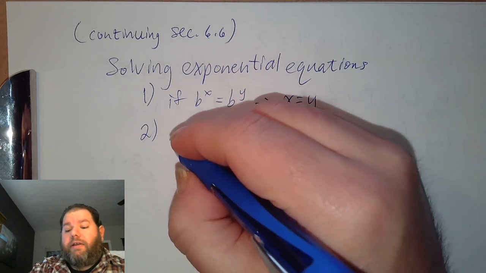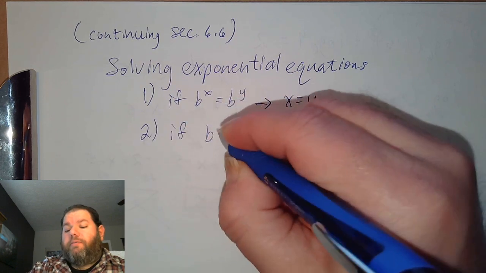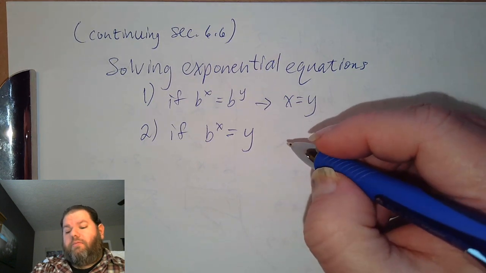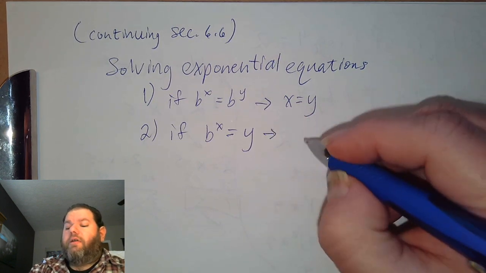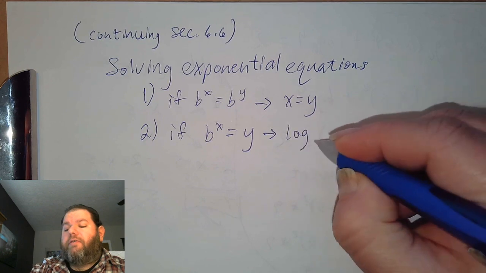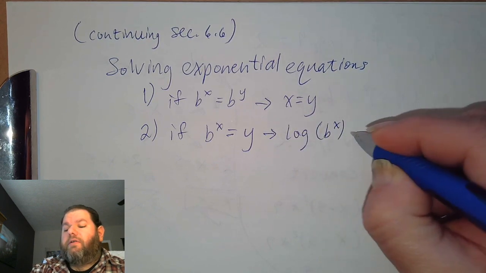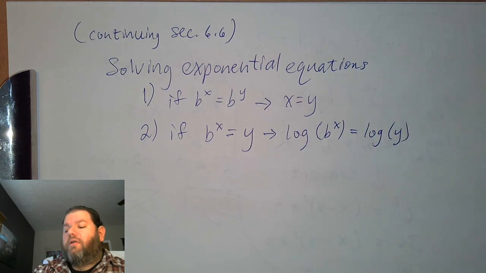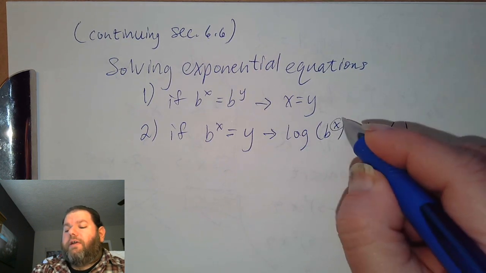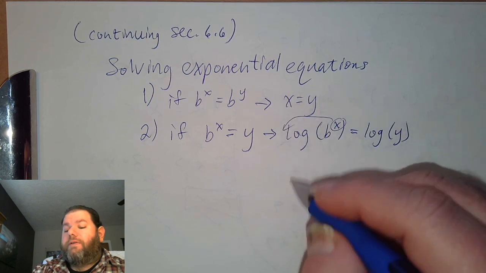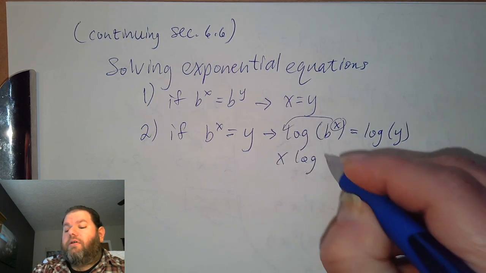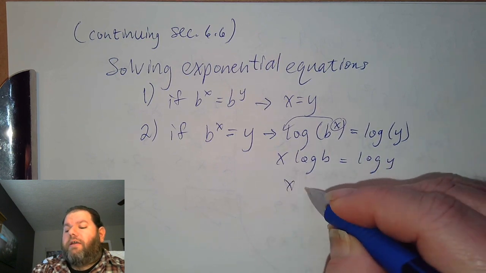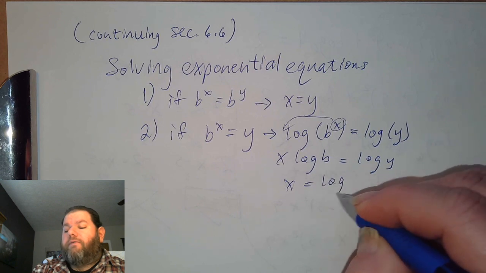The other is that if b to the x equals y, then we can take the log of both sides, bring the x down as a coefficient, and then divide by log b to solve for x.